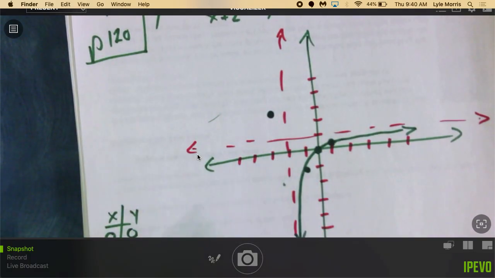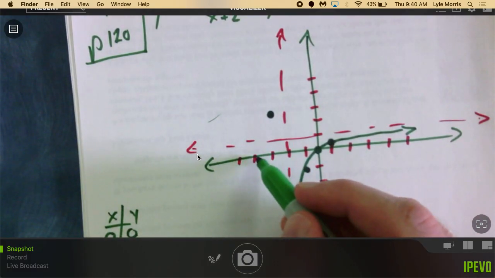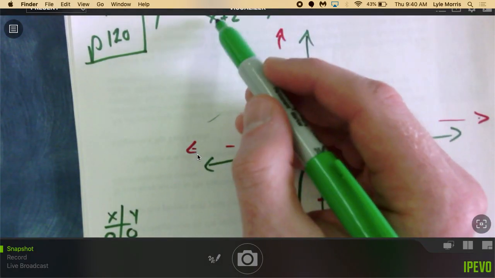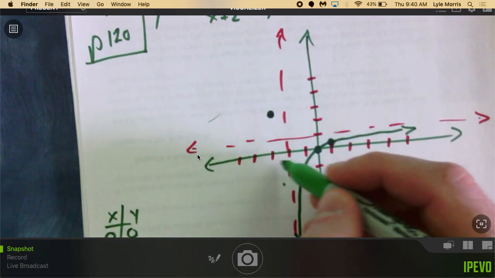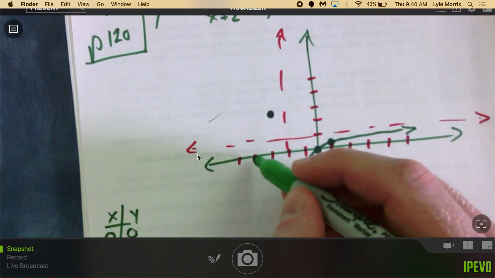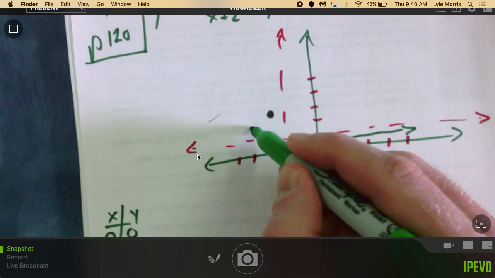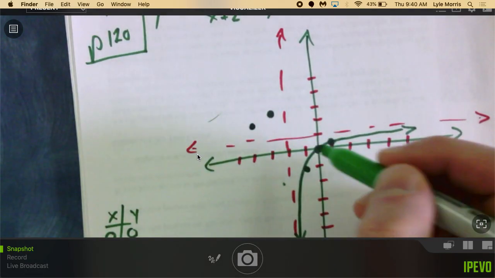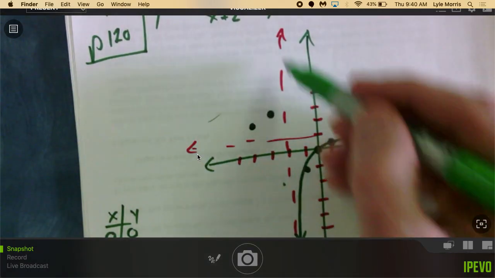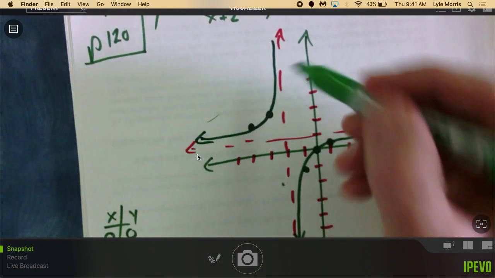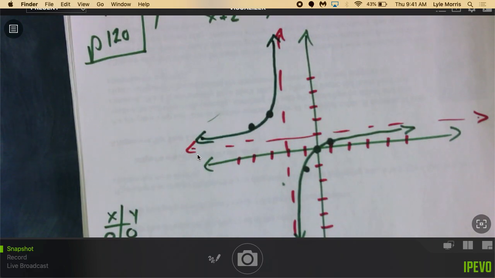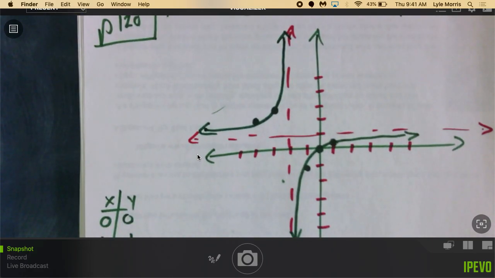I'm just going to say -4. -4 over -2 is +2. And so on. Smooth curve. It's not the worst one. That's how she goes.